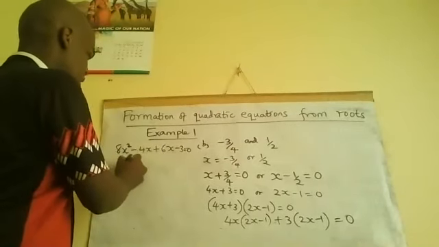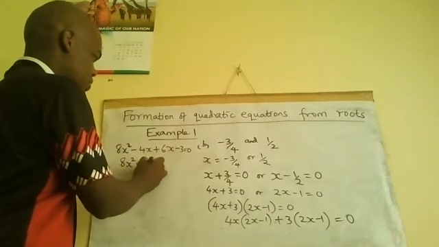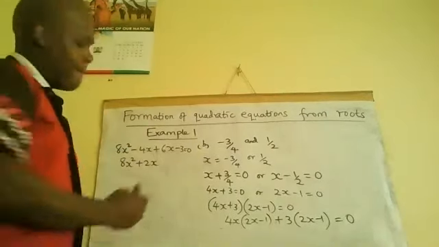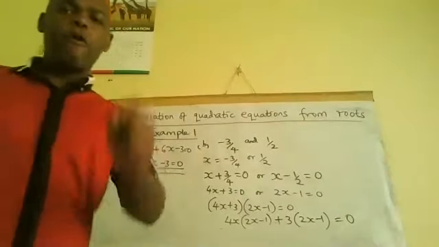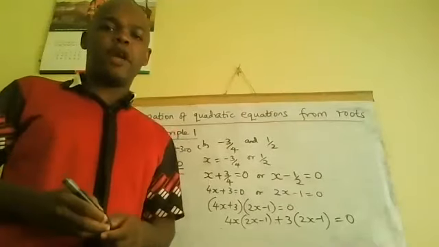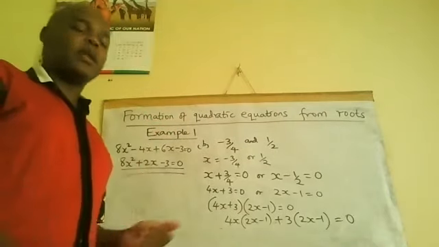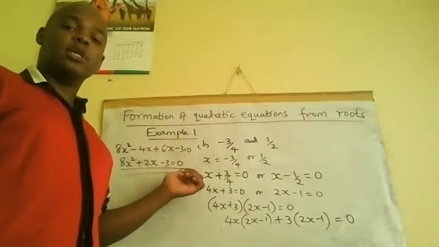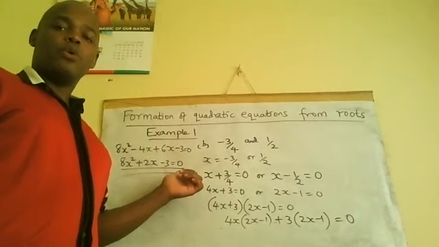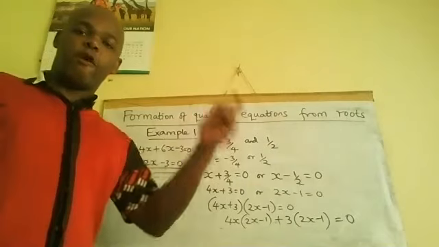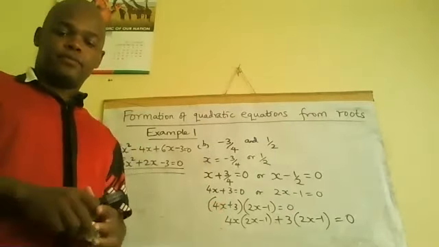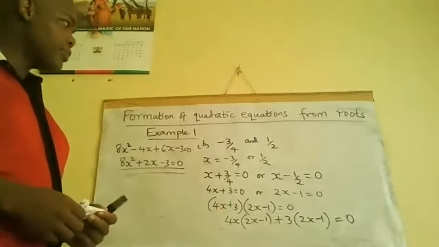So this is 8x squared plus 2x minus 3 is equal to 0. Remember, we are forming quadratic equations, and therefore our right-hand side must be equated to 0.